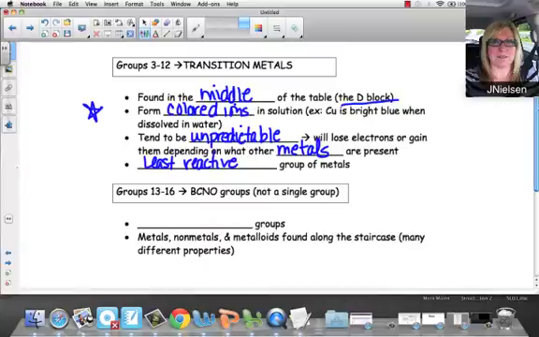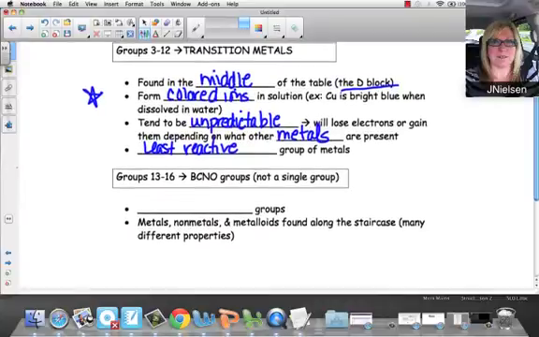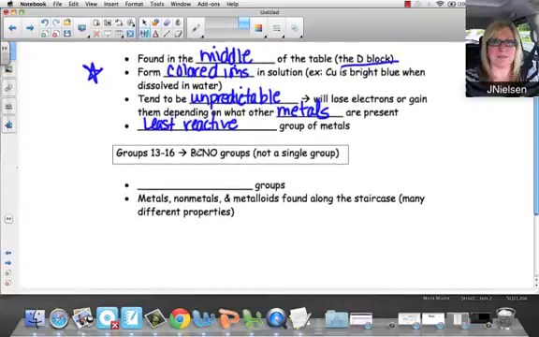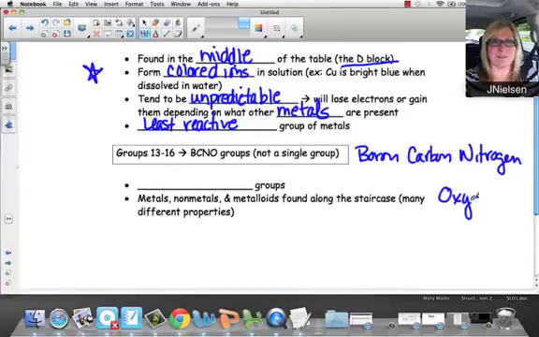And then we have groups 13 through 16, and they're not a group. They're just referred to as BCNO because that's what they start with. Boron is group 13, carbon starts group 14, nitrogen starts group 15, and oxygen starts group 16.